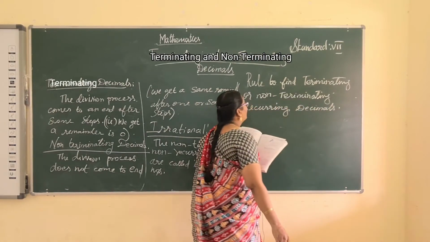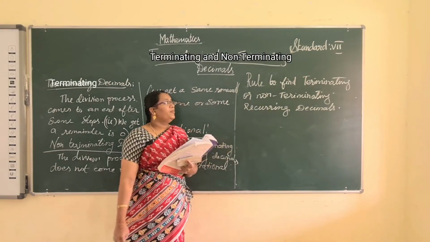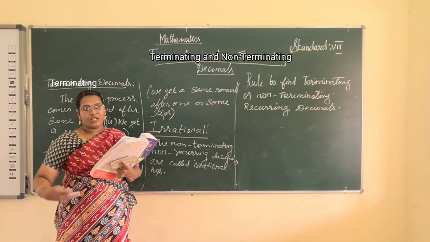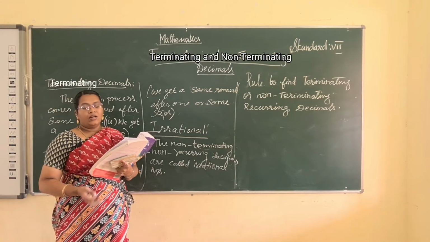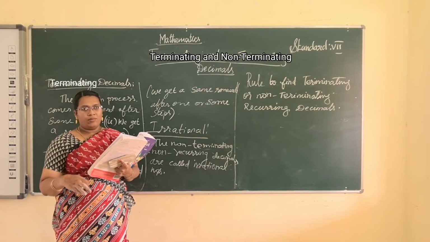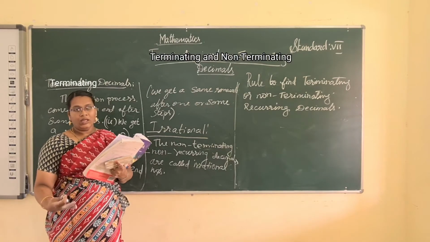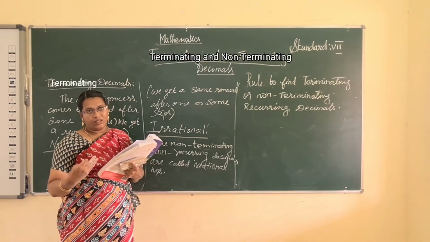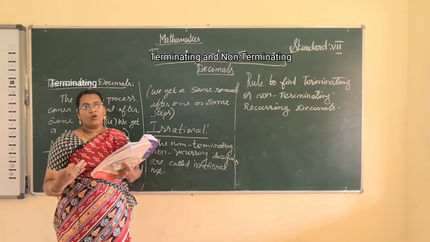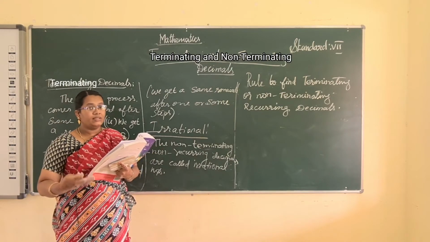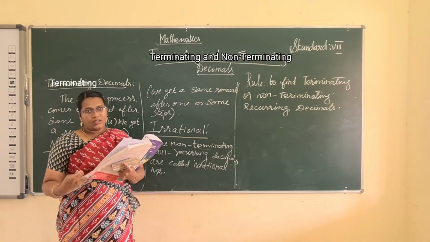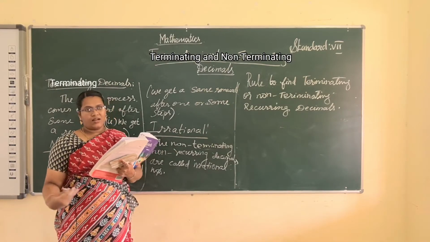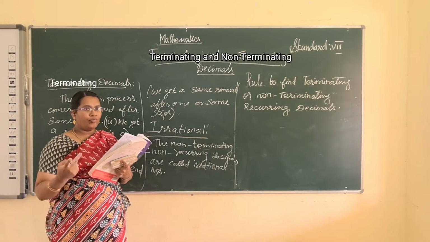How to find out without the actual method of long division, or the equivalent rational method, whether the given rational number is terminating or non-terminating? You have to follow two rules.